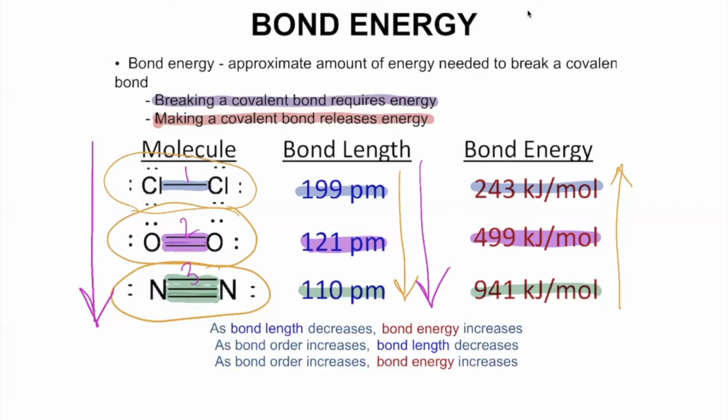And finally, as bond order increases, bond energy increases. So as we go from single to double to triple bonds, the bond length decreases, so the bonds get shorter, and the bond energy increases. So those are stronger, tighter bonds. And it makes sense, if it's a stronger, tighter bond, it'll be shorter.